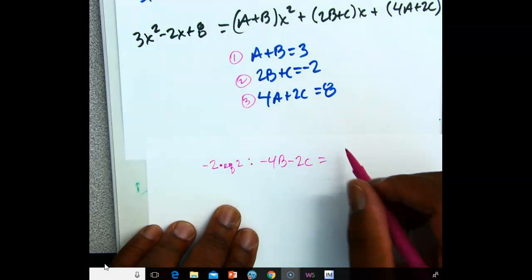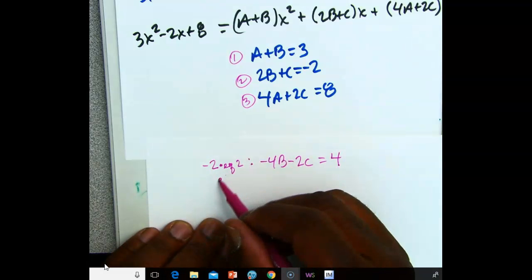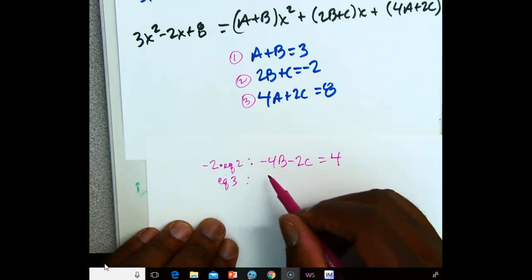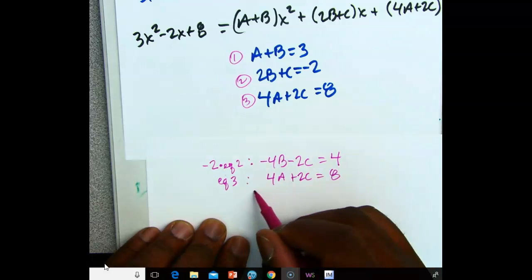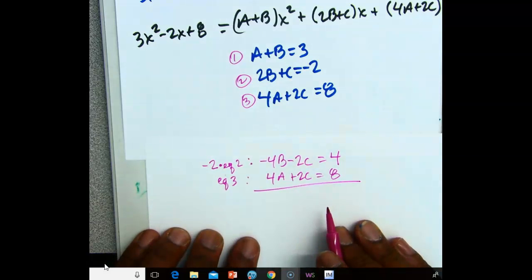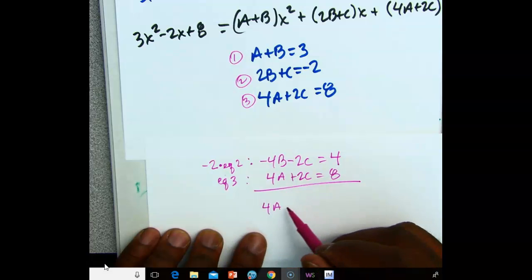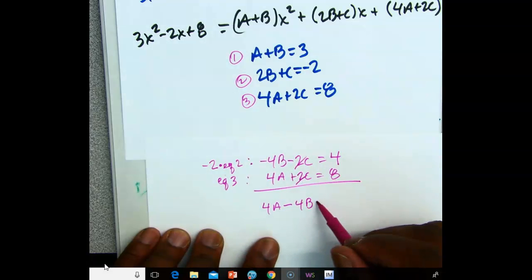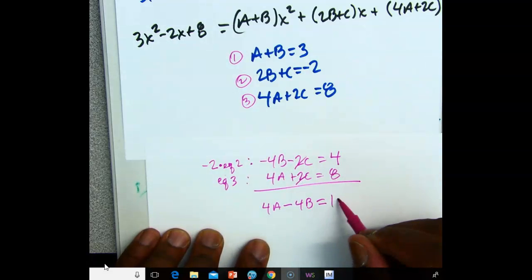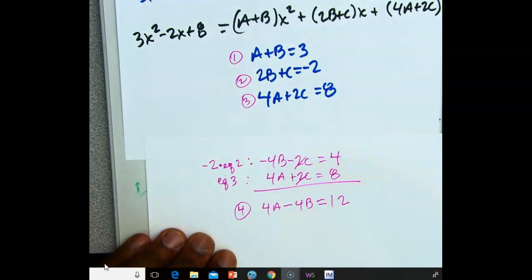Negative 2 times a negative 2 is a positive 4. And then we're going to add just equation 3. That's 4A plus 2C, and that's equal to 8. When we add these two, I'm going to write the A first. So it's 4A minus 4B. The C is equal to 0, and that's going to equal 8 plus 4, which is 12. So we'll call that equation 4.